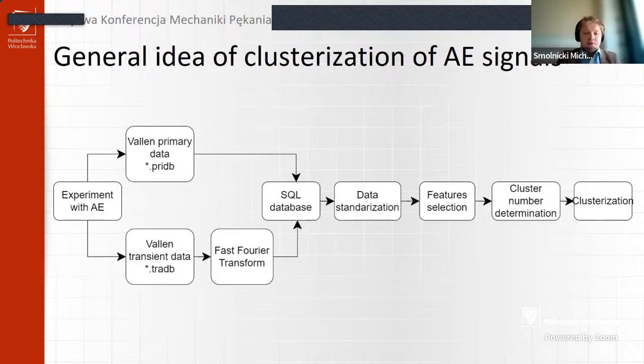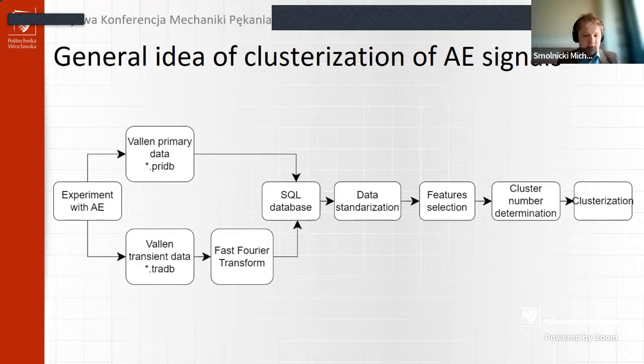So the first step, of course, is an experiment. We start from that. We have to have the data. We obtain some databases from the acoustic emission signals in the form of this volume primary data and volume transient data. It's characteristic for our acoustic emission system, but if you have another, it would be very similar.